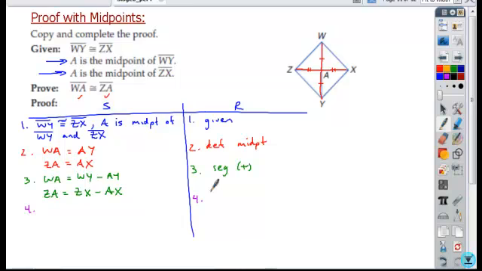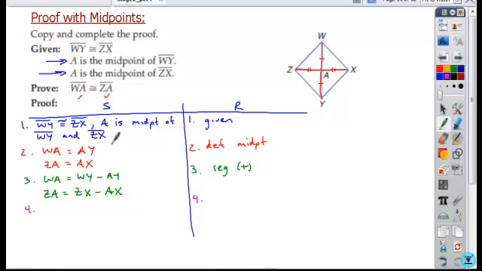So next, where can I go from here? Any ideas? In order to make WA and ZA equal, if there's a way to represent these pieces being the same, you can.